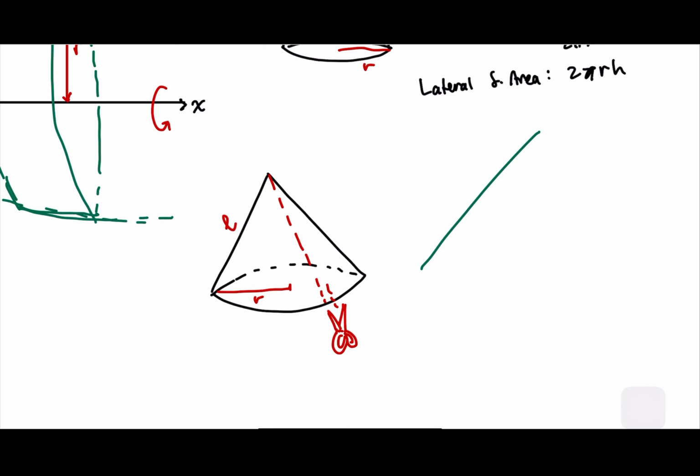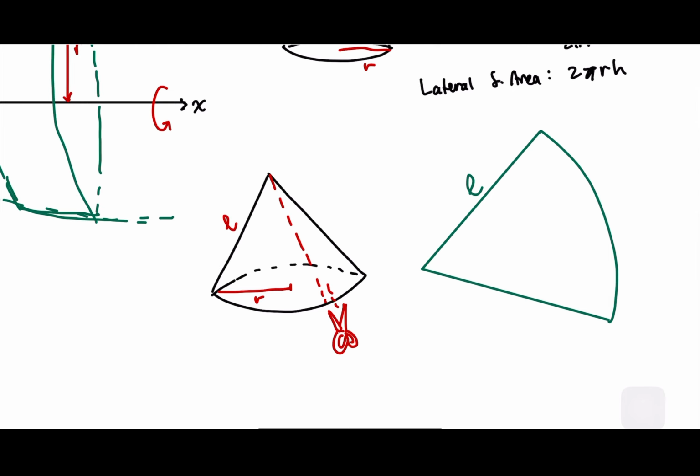Say our cone, this will be the L, yeah, the same L. And the rest of it, this part, will be the circumference, the same circumference here. So this will be 2 pi r.